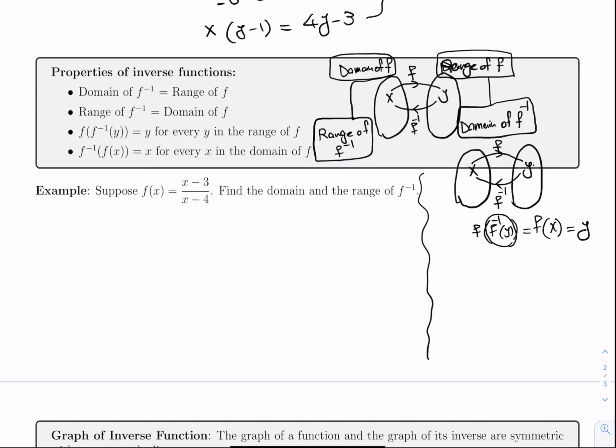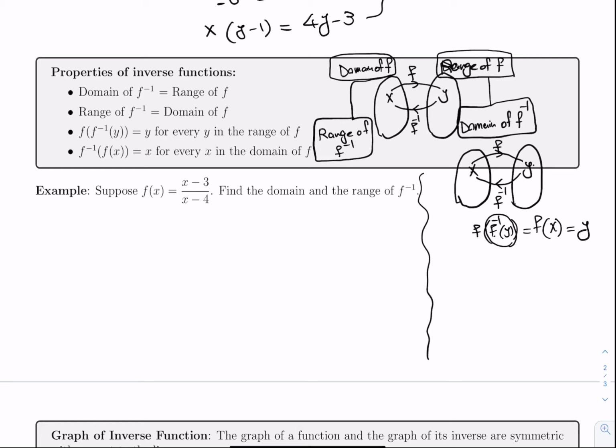So f of f inverse of y equals y. You're applying two functions which are inverse, one after the other. Informally, you could say that they undo or cancel one another, and you get y.